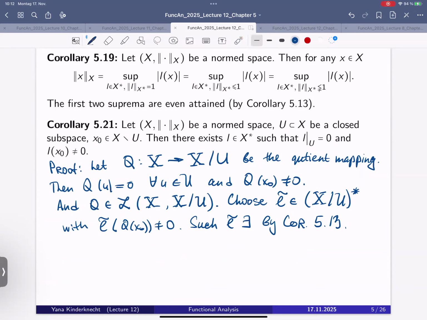And then we may consider the functional L, which is defined as a composition of L tilde and Q. And then this is the mapping from X to K. And this is the desired linear functional.